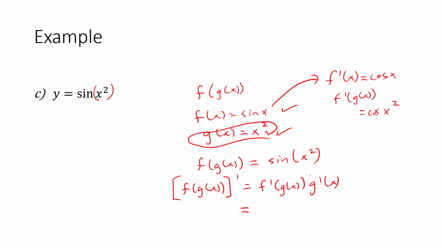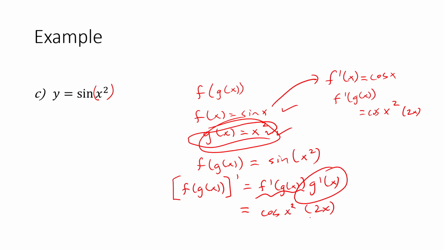And then we would have to multiply by g prime of x, and since g of x is x squared, g prime of x would be 2x. So f prime of g of x is the cos of x squared, and g prime of x is equal to 2x. It's important to note that this 2x is not multiplying x squared, but rather is multiplying the entire quantity, cos of x squared. So to simplify it, we could call it 2x times the cos of x squared.